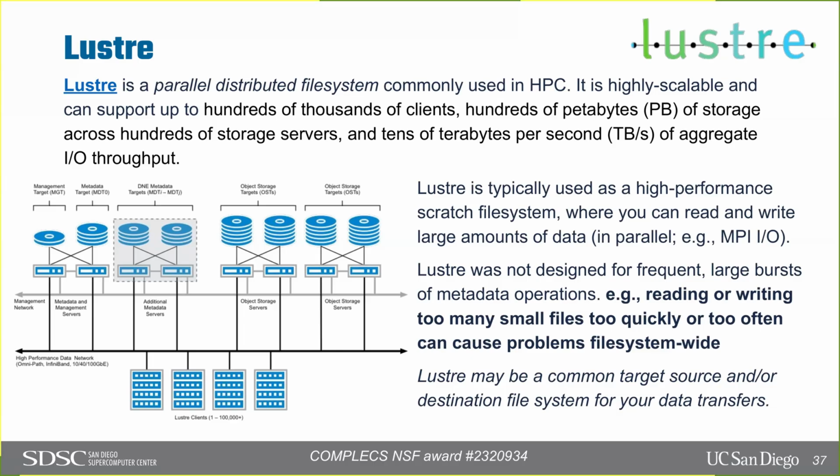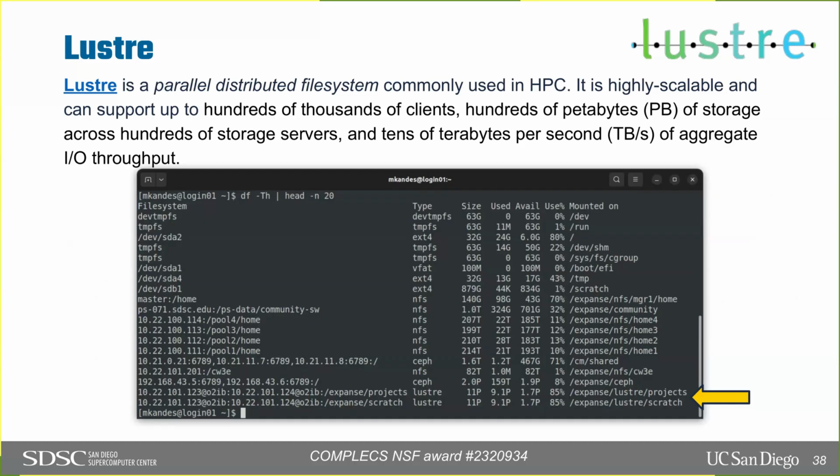If you try to dump millions and millions of files onto a Lustre file system, it's just not designed to handle that. So this is where you need to think carefully about where you place your data and how you package your data as you're accessing it on these systems. That's my main public service announcement here: be careful, especially when working on Lustre.